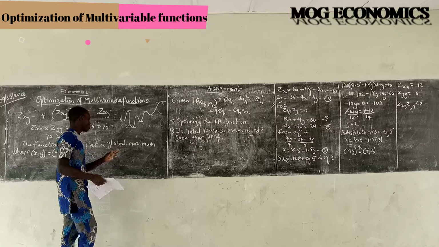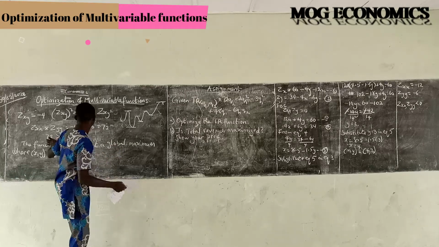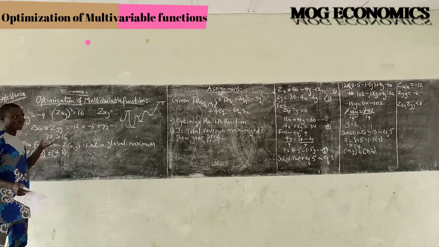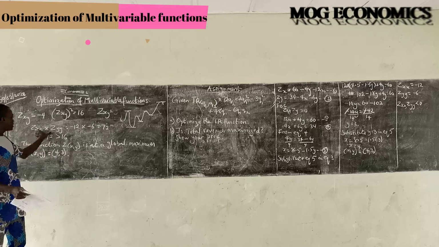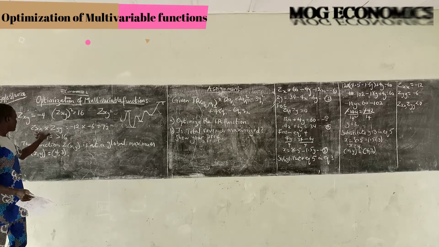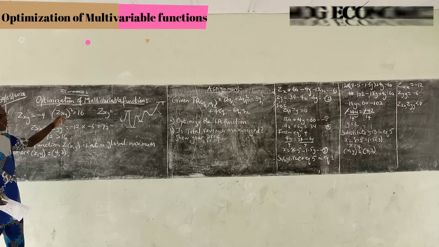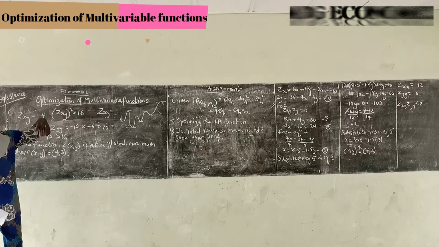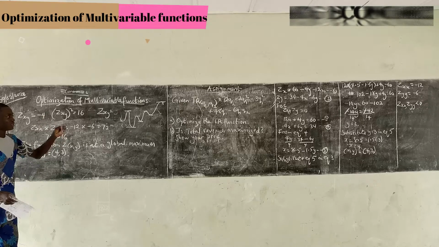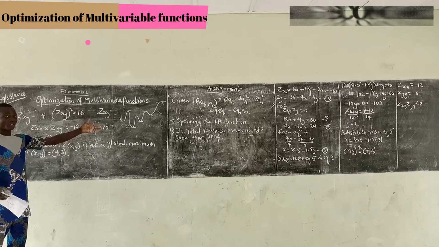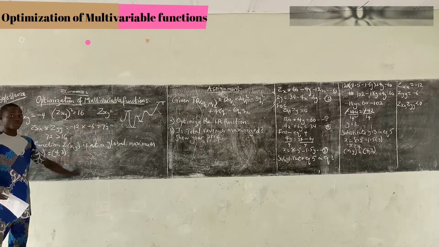And the third point, if zxx times zyy is greater than zxy squared, that is going to establish that the functional point is a global minimum.